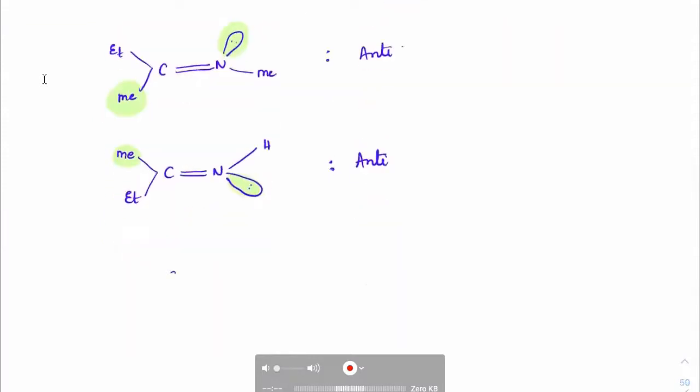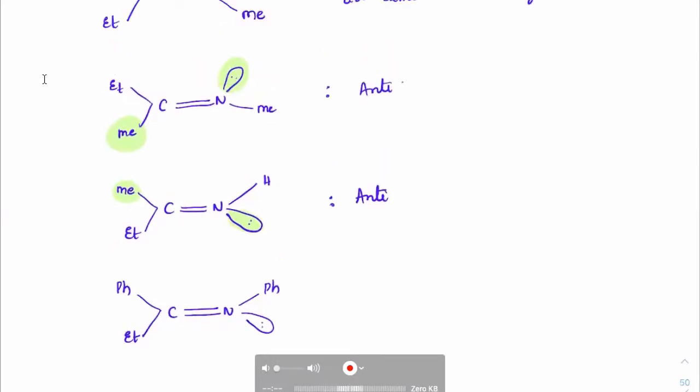Okay, another example, C double bond N, I have phenyl and a lone pair. Here also I have phenyl and ethyl. Now which one should we compare? Between phenyl and ethyl, ethyl is the smaller group, the less bulky group, and then we have the lone pair present on it. So now what would this become? Syn isomer.